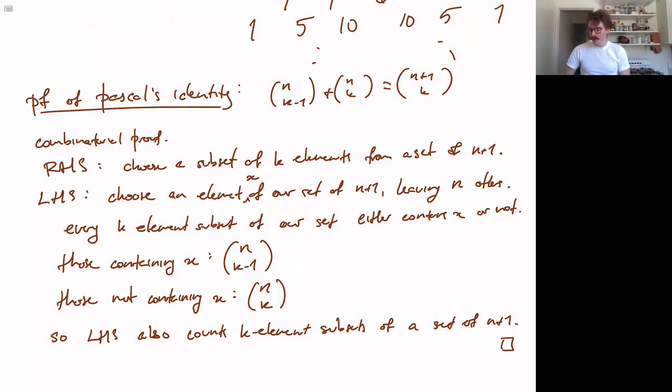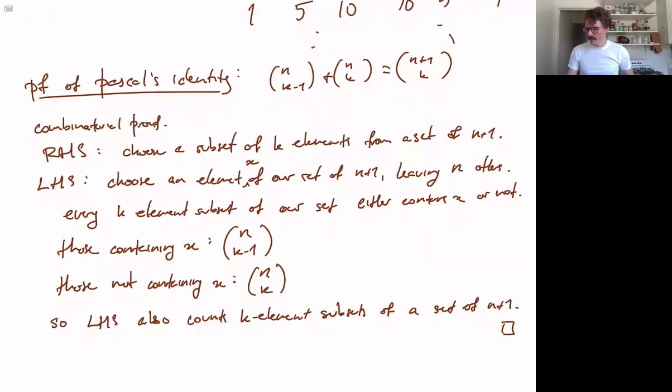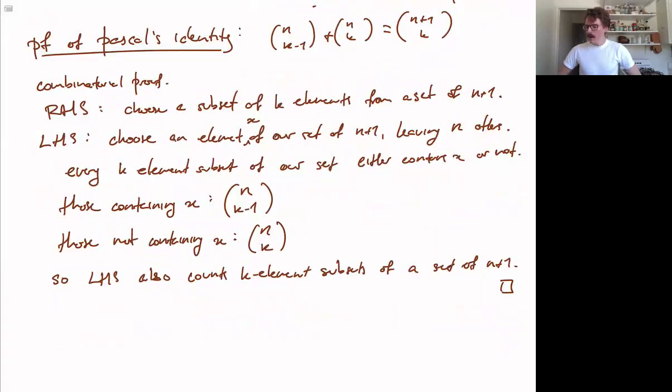So combinatorial proofs can become, the sky is the limit. There are much more complicated proofs than this, but this starts to give you an idea of how some amount of imagination was required to come up with a different way of choosing a subset that makes it look like this left-hand side.